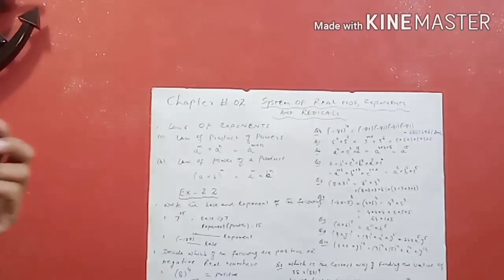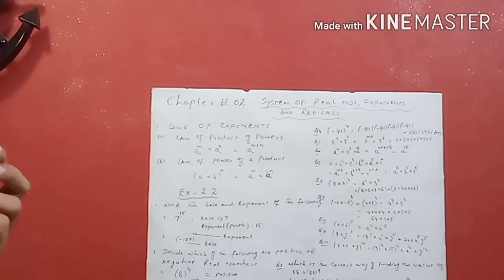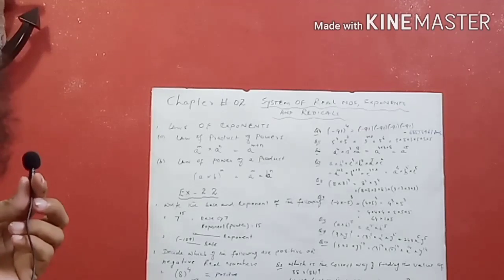Okay students, today in the mathematics class we learned two laws of exponents. The law of product of powers: a to the m multiplied by a to the n, when bases are the same, powers are added. And number 2, the law of power of a product: if in any bracket a number of terms or variables are present having the same power, then expand them.